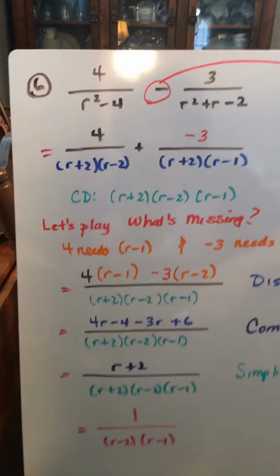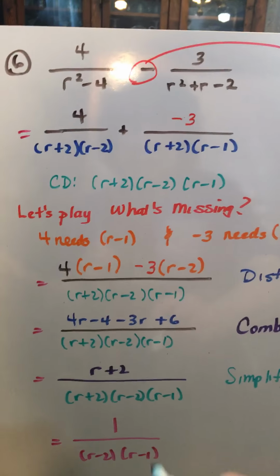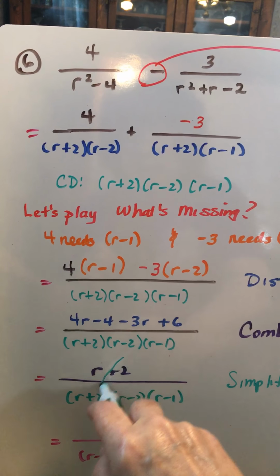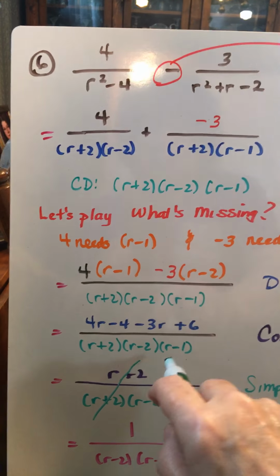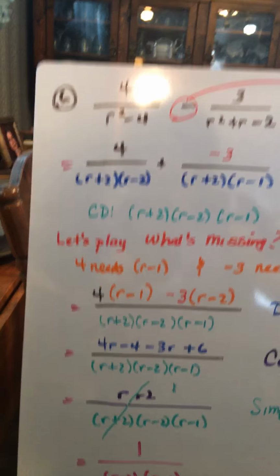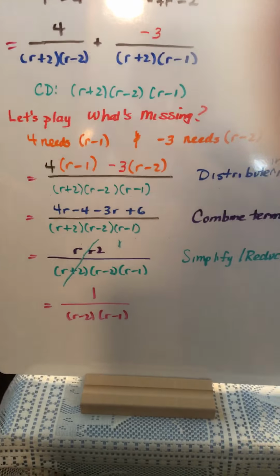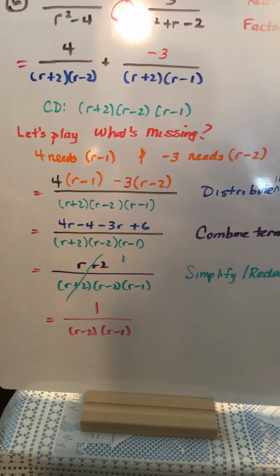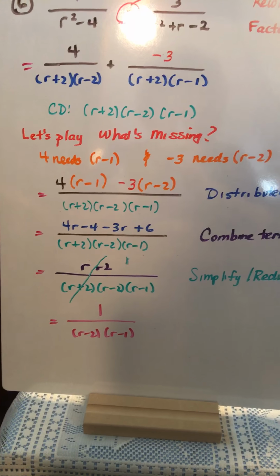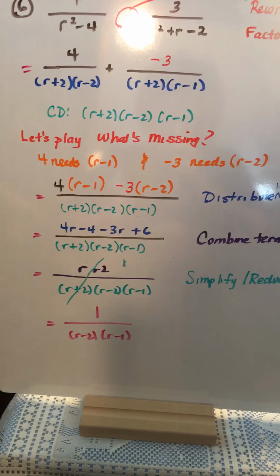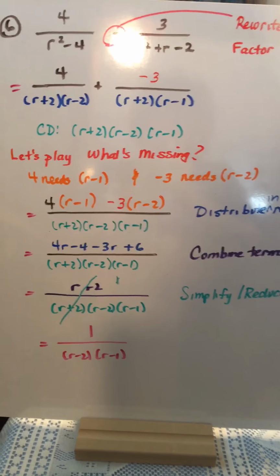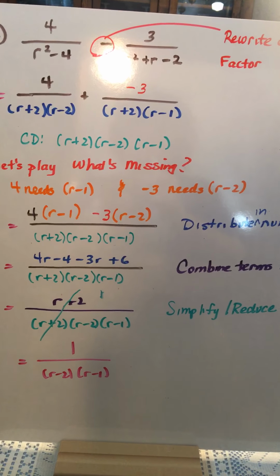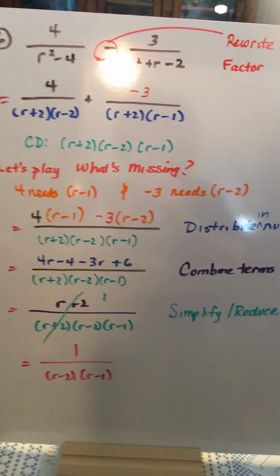And notice, both of these are x plus 2, but when I cancel, you can't leave nothing in your numerator. It has to be a 1. We are allowed to not rewrite anything with the denominator because that 1 is understood. So my final answer is 1 over x minus 2, x minus 1.